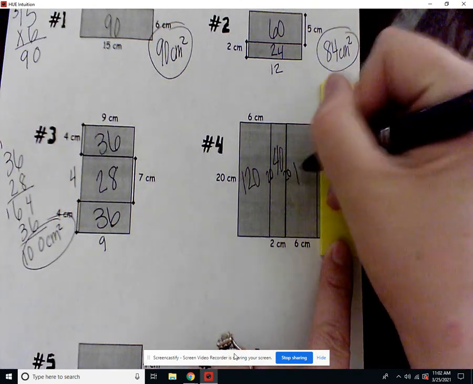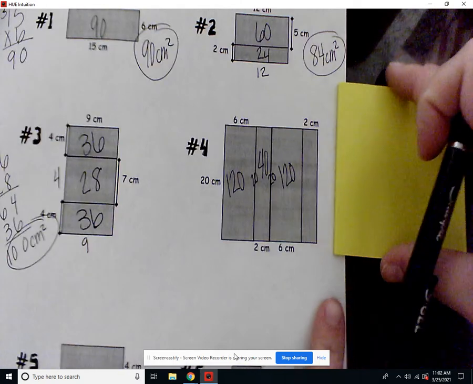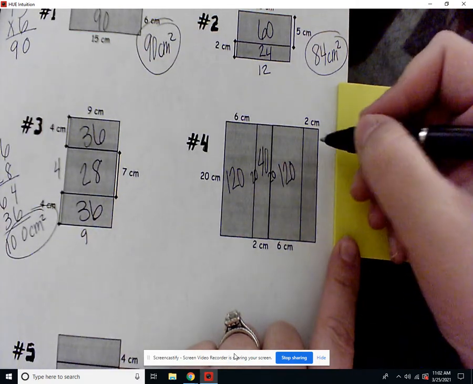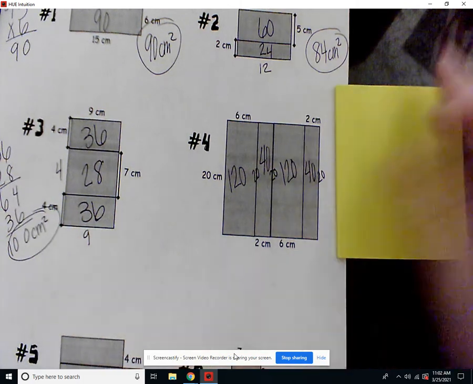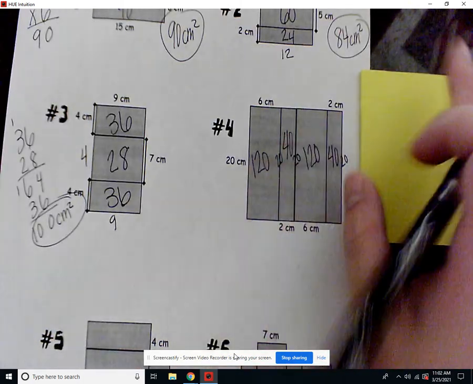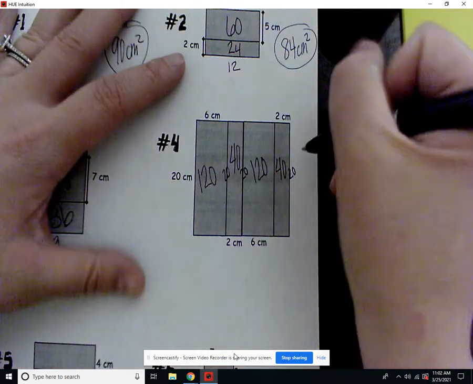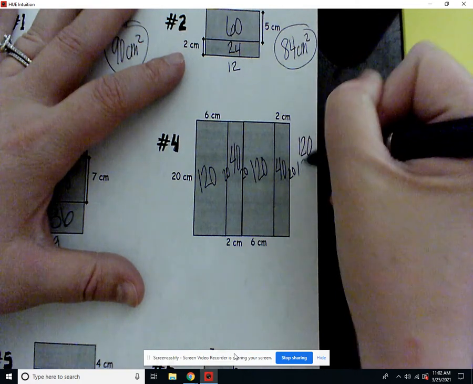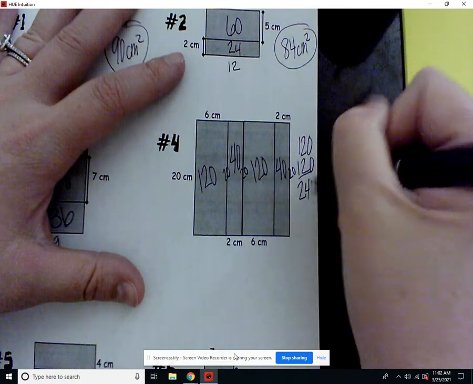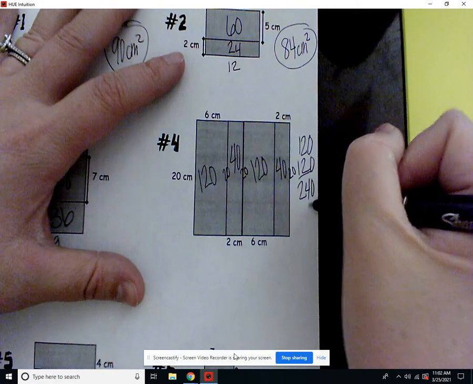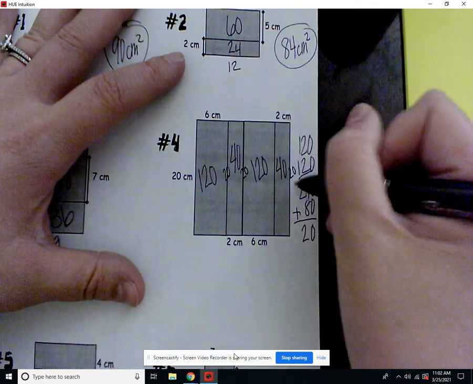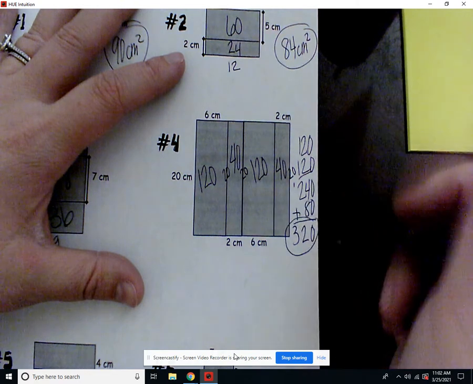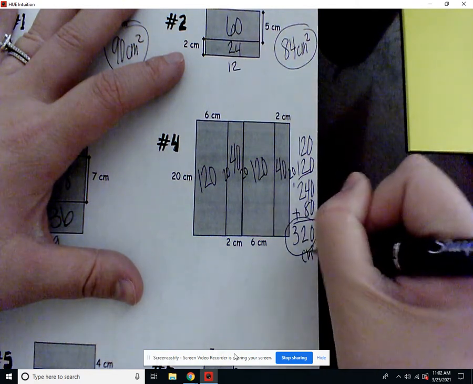So 20 times 6 is 120. And then again, we've got 2, and that long side again is 20. So 20 times 2 is 40. And then we'll add up all 4 boxes. So we've got 120, 120, which is 240. 40 plus 40 is 80. We'll add that all up together, which is 320 centimeters squared.